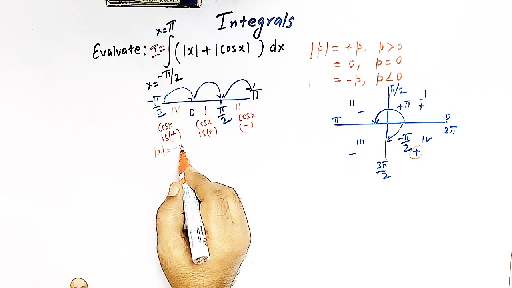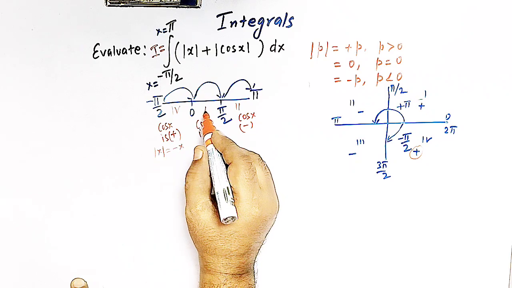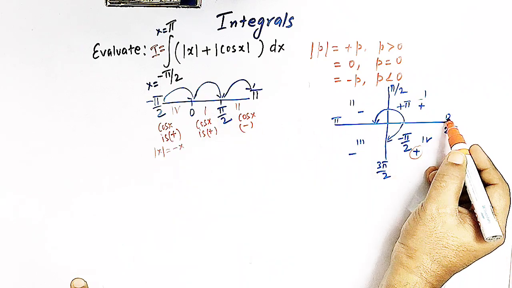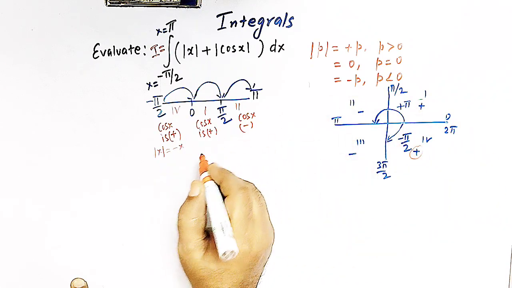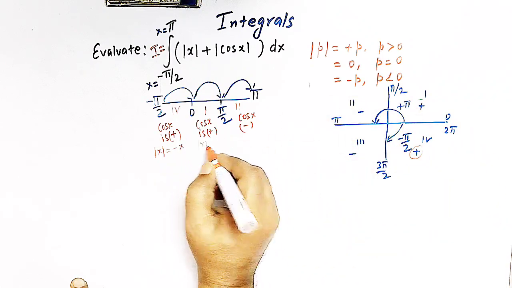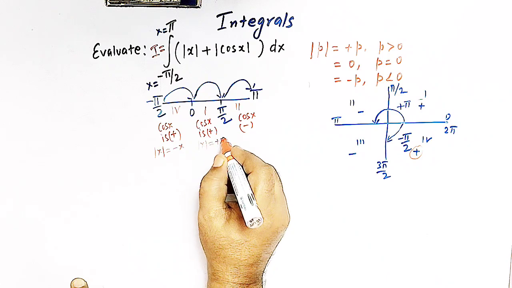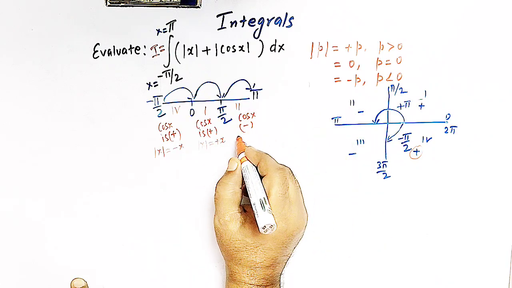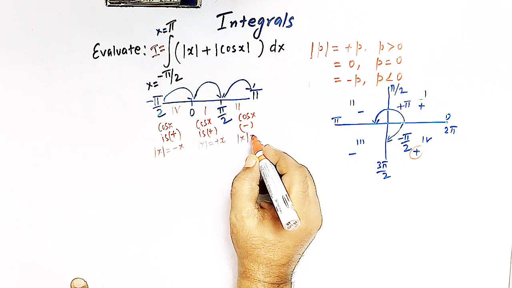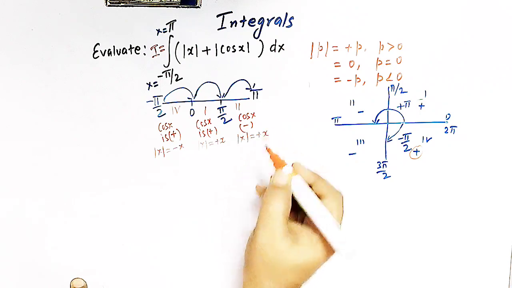So we have mod of x is equal to negative x, and when we go from 0 to pi by 2, all the angles are positive, that is mod of x is positive x. And in the second quadrant also mod of x is positive x.